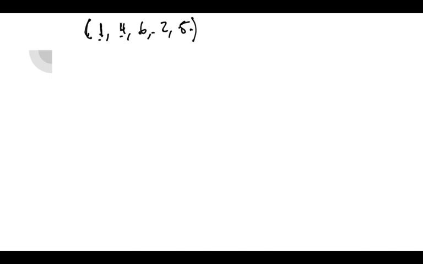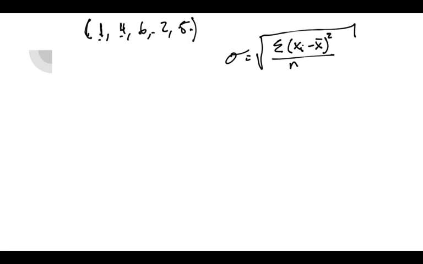Now, the reason why this is all important is because we're leading up to a topic called standard deviation. When you're calculating the standard deviation, it's the square root of the sum of the xi's minus the average, or the mean, quantity squared, divided by n minus 1.